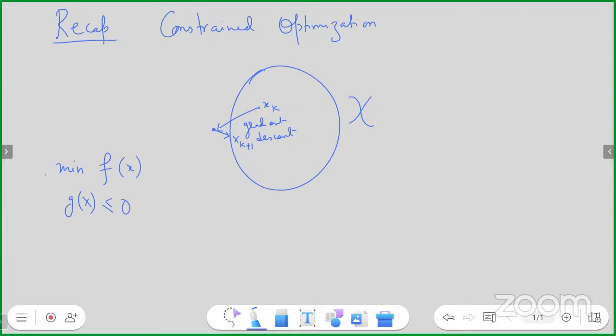That becomes an unconstrained problem, but doesn't help me. How do I solve such a problem? I can always move the constraint into the objective function by adding an indicator, which is a special type: it's 0 whenever g of x is less than or equal to 0, and infinity outside. It makes it even non-differentiable, so any methods you've been using will potentially fail.